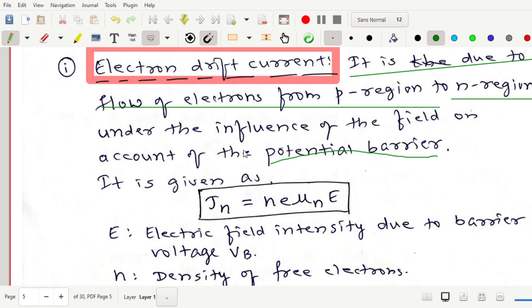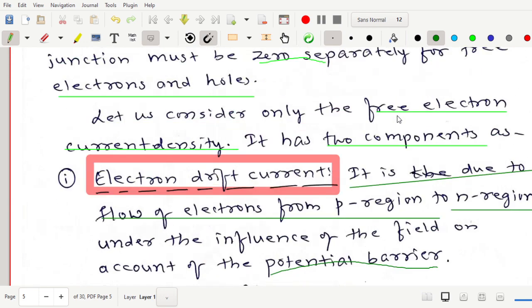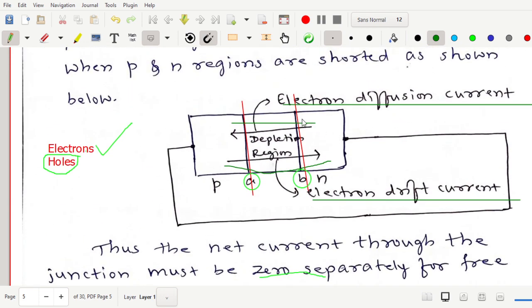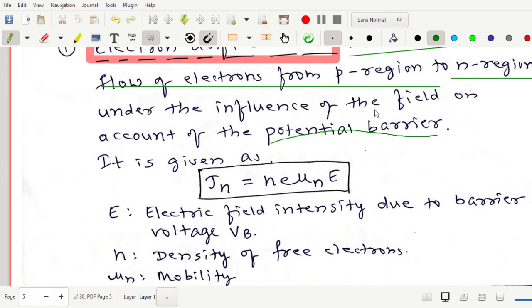It is due to flow of electrons from p region to n region. So we have seen here, from p region to n region, this one is electron drift current under the influence of the field on account of the potential barrier.